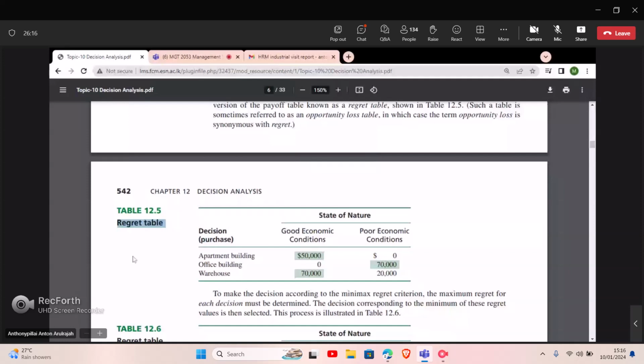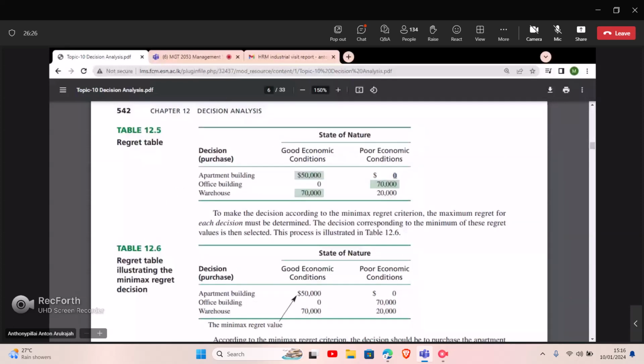Now after developing a regret table, to make a decision according to the minimax criterion, we take the maximum regret for each decision. Here the maximum for the apartment building is 50,000 in both conditions.